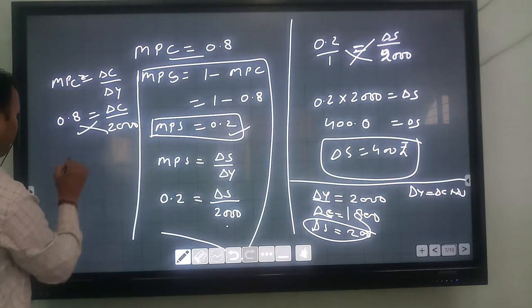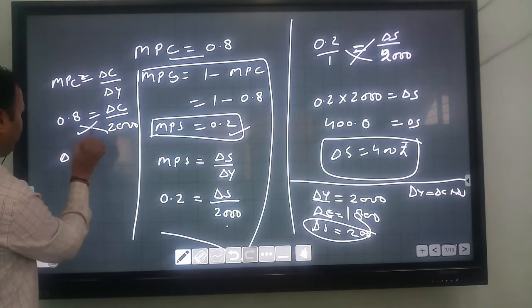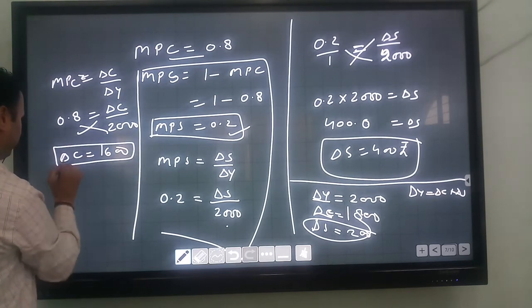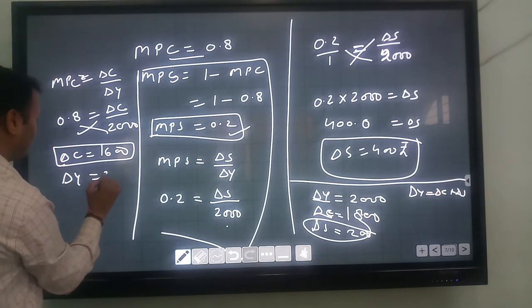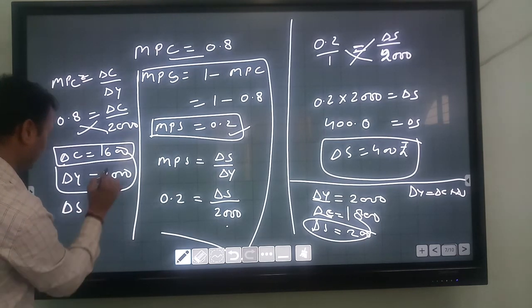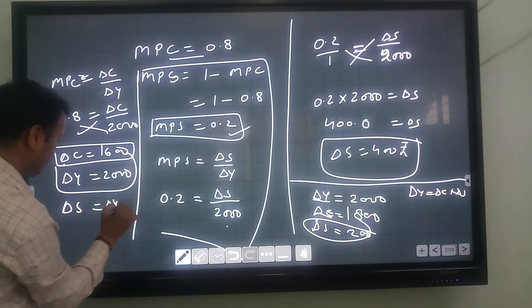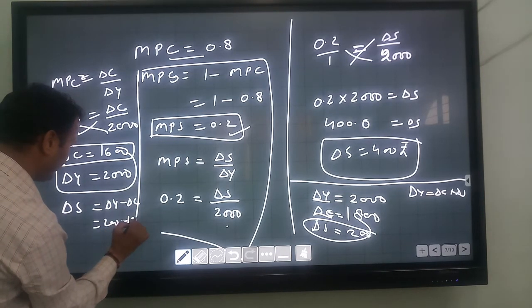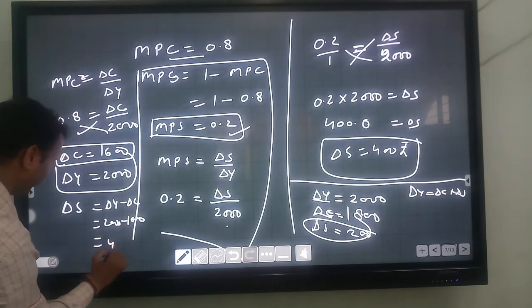Now just cross multiply it. So delta C is equal to 1600, and delta Y is 2000. So delta S is delta Y minus delta C. So 2000 minus 1600 is 400.